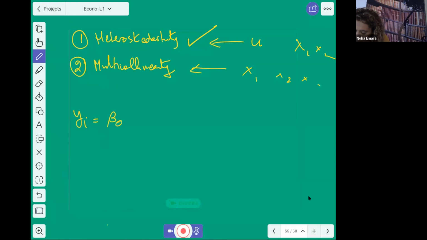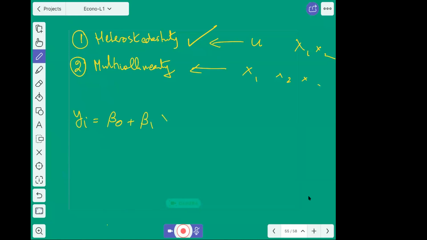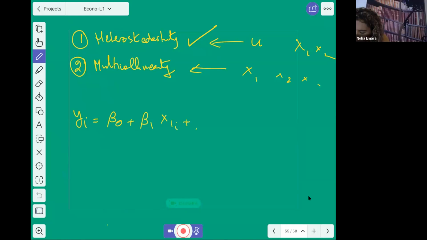Beta naught plus beta 1 x1i plus beta 2 x2i plus beta 3 x3i plus ui. If I have the correlation, let me write it as R12, the correlation between x1 and x2. Of course, you can write it like this, correlation x1, x2.